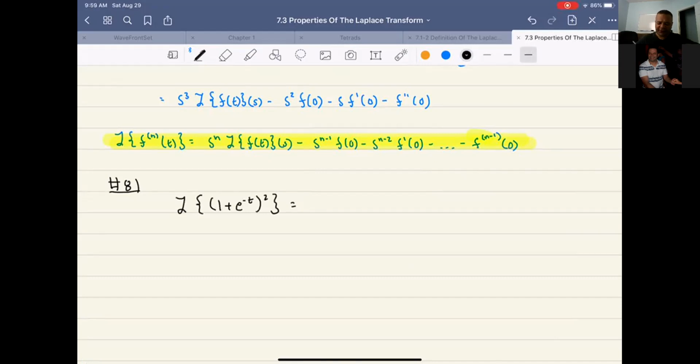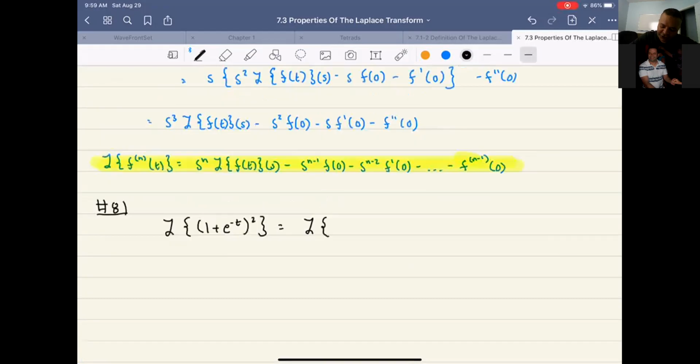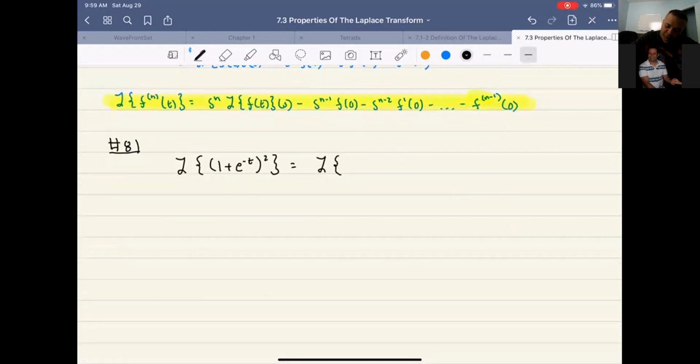Okay, so first thing I'm going to do, I'm going to expand what's inside the Laplace transform. So I'm going to expand that function to be 1 plus 2e to the negative t plus e to the negative 2t, and then we're going to do that at s.